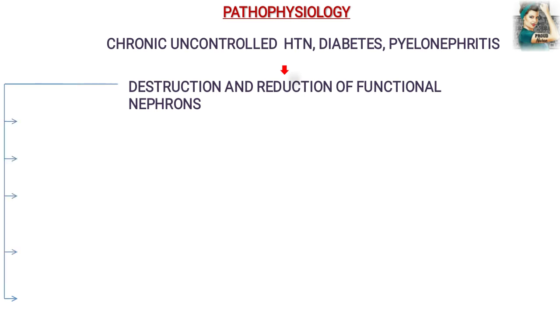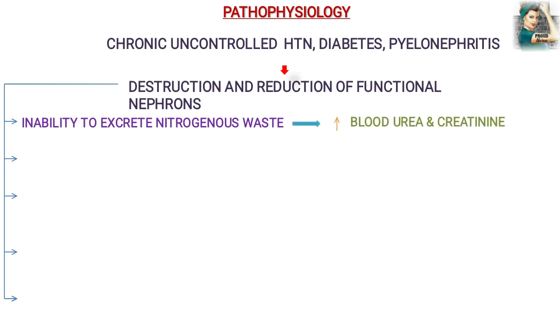First, there is inability of the kidneys to excrete the nitrogenous wastes, which leads to increased levels of urea and creatinine in the blood. Urea is the waste product of protein catabolism, and creatinine is the waste product of the normal muscle breakdown that occurs in our body.